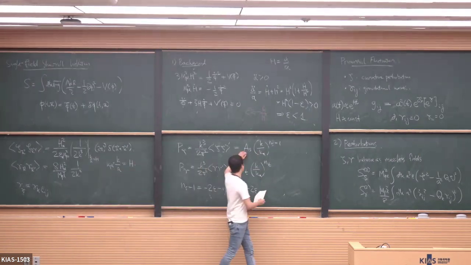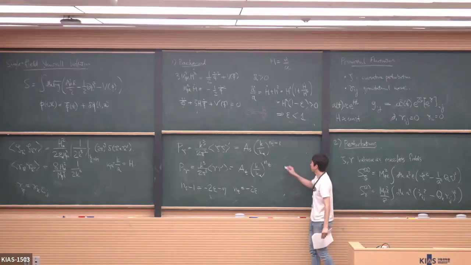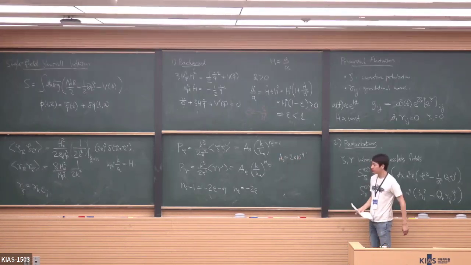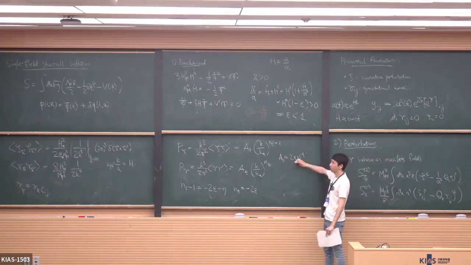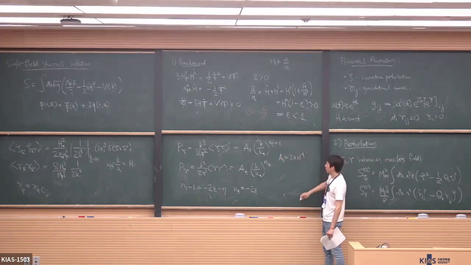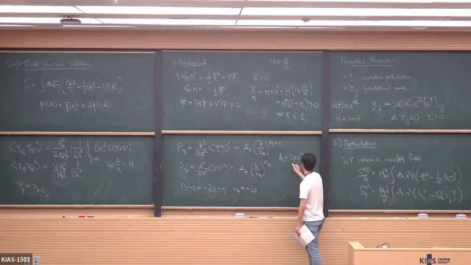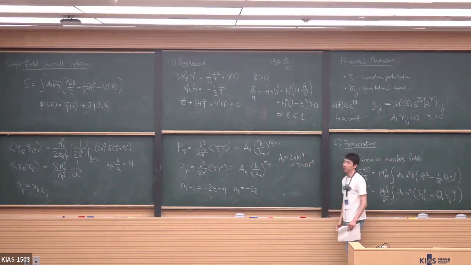And some of these have been very accurately measured. Just to get some idea, this A_S is roughly 2 times 10 to the minus 9. So it's a rather small number. This basically tells us about the rough size of these zeta fluctuations: zeta is of order 10 to the minus 5.